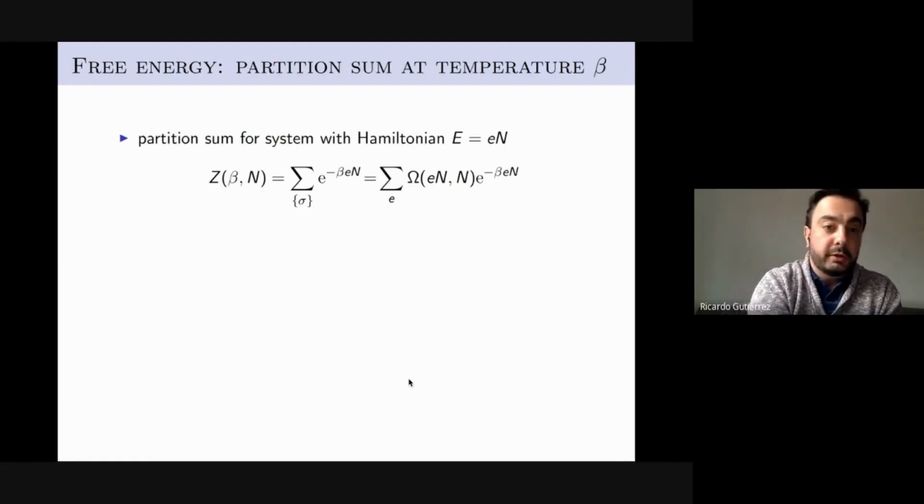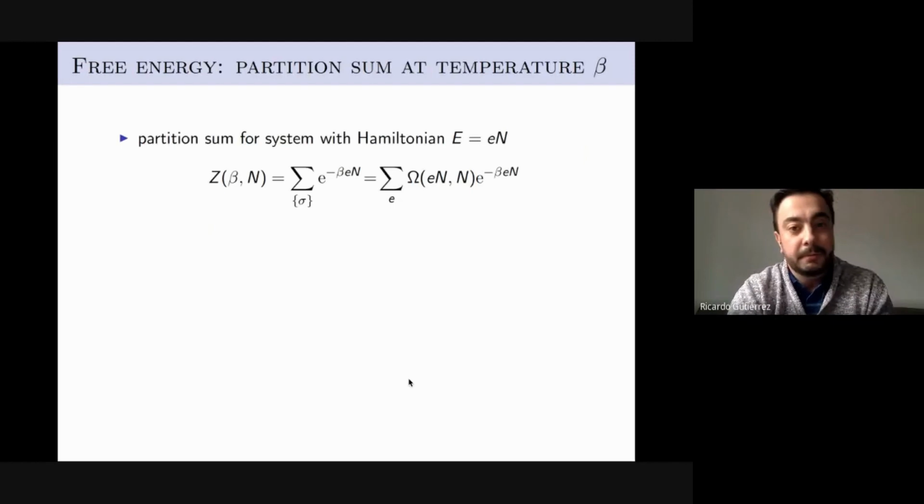And for that, what you do is you calculate the partition sum or partition function. And if you have a given Hamiltonian, and again, I make the same distinction, you have the extensive Hamiltonian and the energy per spin. If you calculate it, again, I use the same symbol, but in this case, it is the degeneracy, the number of configurations with a given energy and number of spins, which again takes this form.